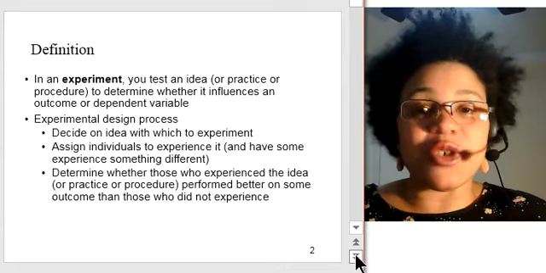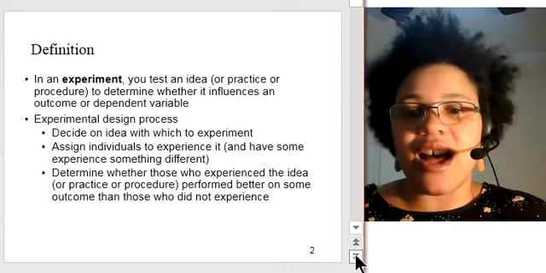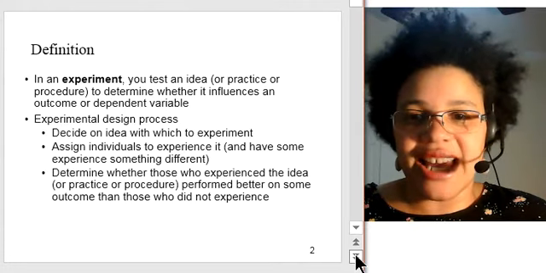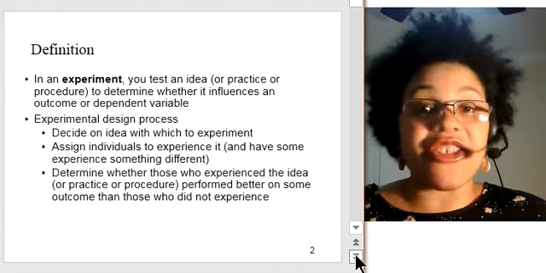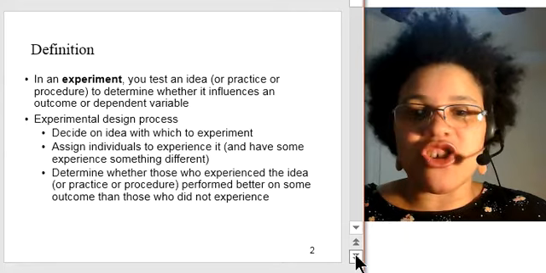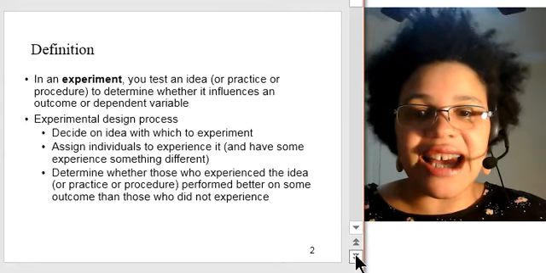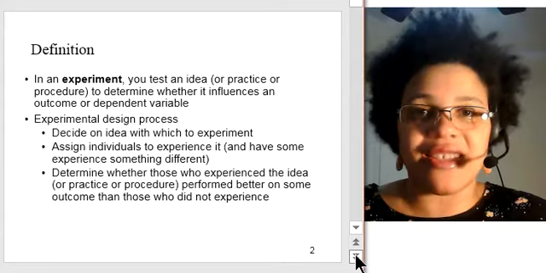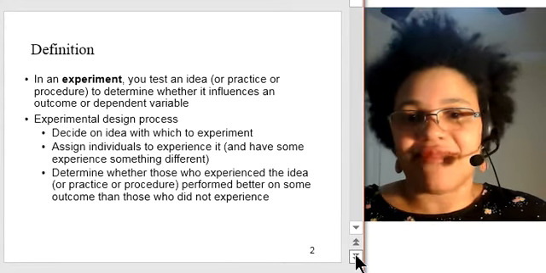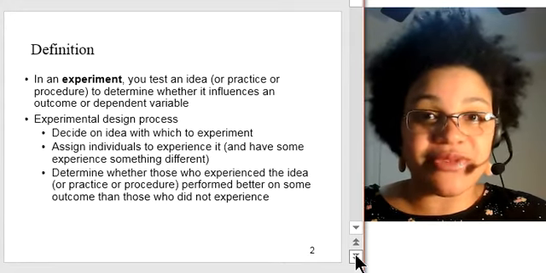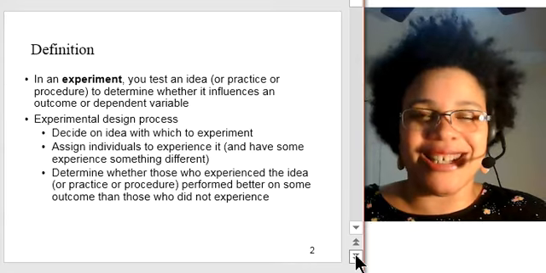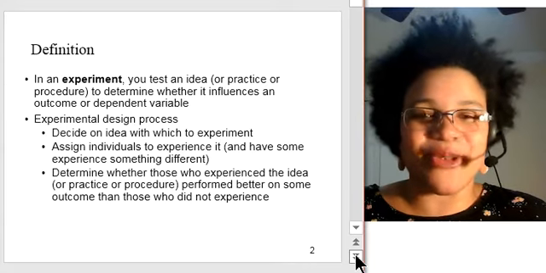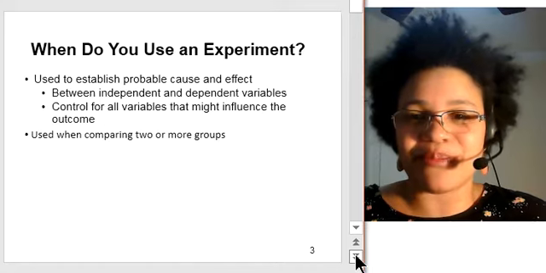You assign individuals to experience whatever the thing is you want to test and have others experience something different. You determine whether those who experienced the idea or practice or procedure performed better on some outcome than those who did not. Okay, decide what you're going to do, subject people to it, and then see if there was a difference in outcome.